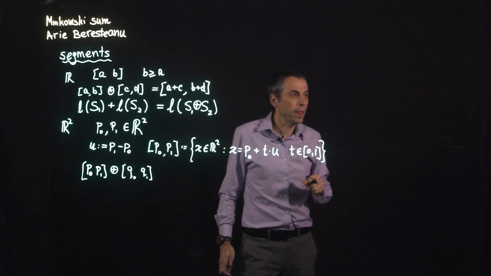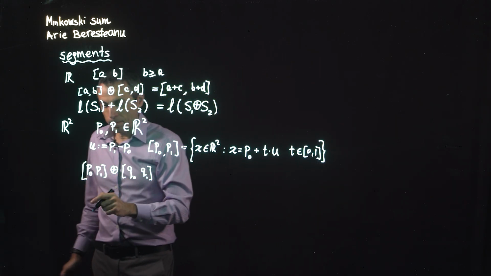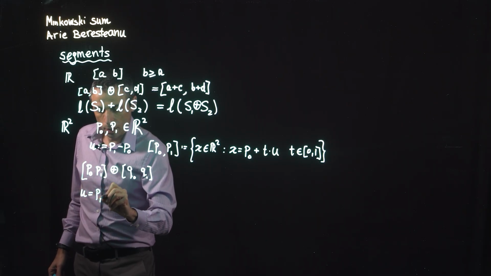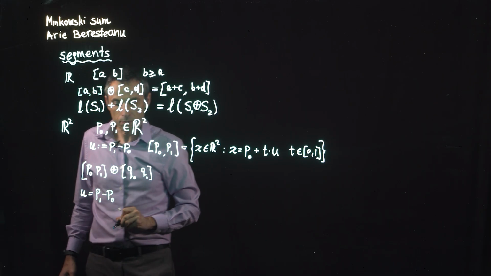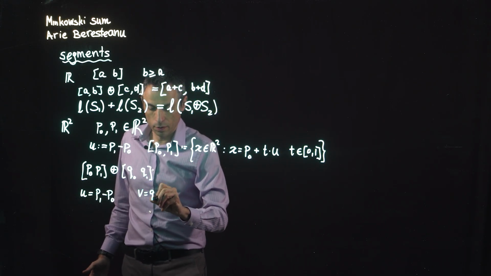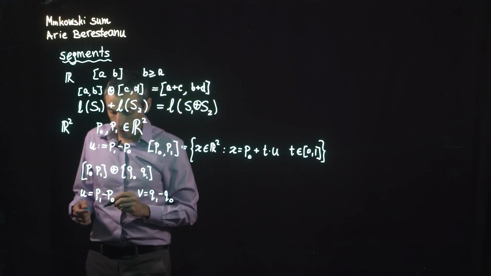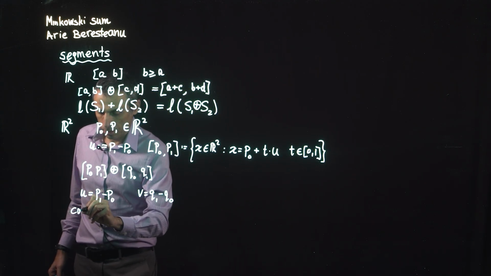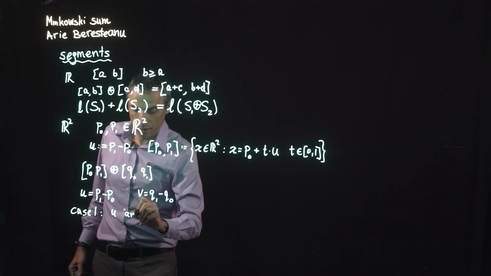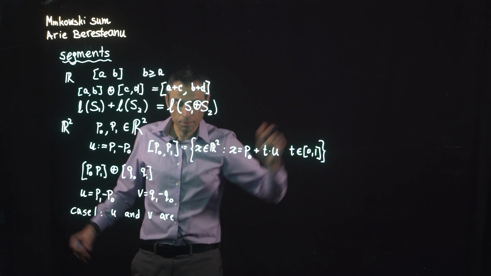Now there are going to be 2 cases. As before, U equals P1 minus P0, and V equals Q1 minus Q0. Case 1 is that U and V are collinear, on the same line.